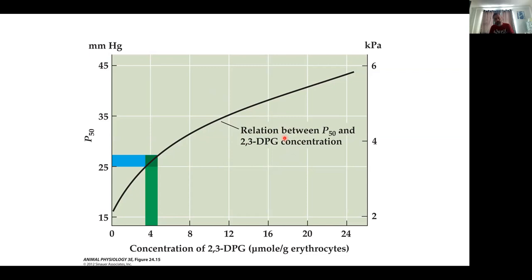Cells and tissues that require more oxygen can ensure that they get it by producing 2,3-DPG in relatively large quantities. Or, much more likely, if for whatever reason our red blood cells are not delivering adequate oxygen, and there could be a variety of reasons for this, they can also produce 2,3-DPG and make it more likely for them to drop off oxygen at tissues.